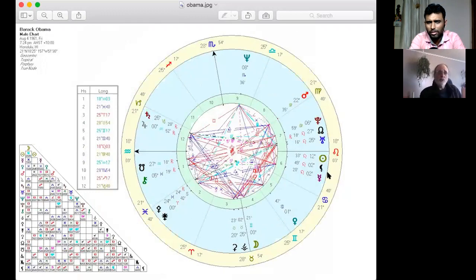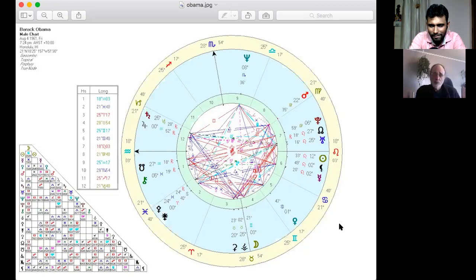So the next example of Pluto conjunct the North Node is the U.S. President Barack Obama. His conjunction is 9 degrees. It's a little wide, but it's definitely a conjunction.